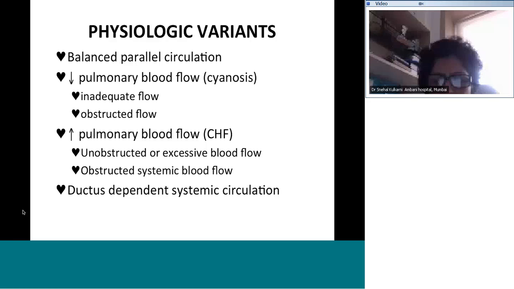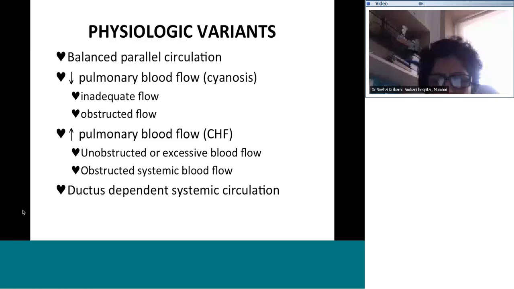You know, the obstruction to pulmonary blood flow in tricuspid atresia is mainly at the VSD level. So your VSD is significantly restricted. That causes obstruction to the pulmonary blood flow. So the typical example in our clinical practice is tricuspid atresia with severe pulmonary stenosis, an obstructed pulmonary blood flow.